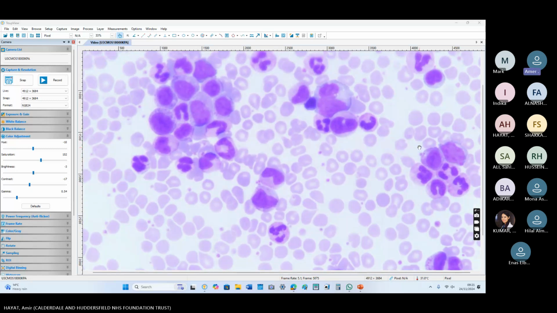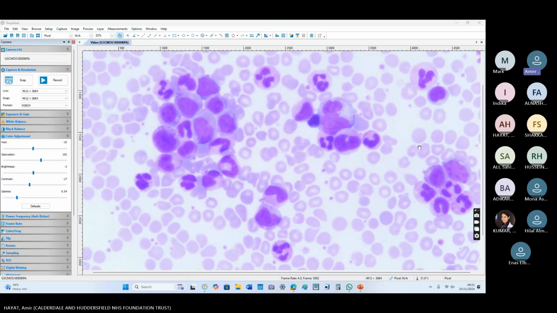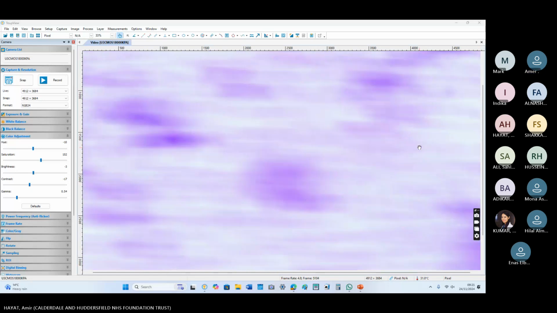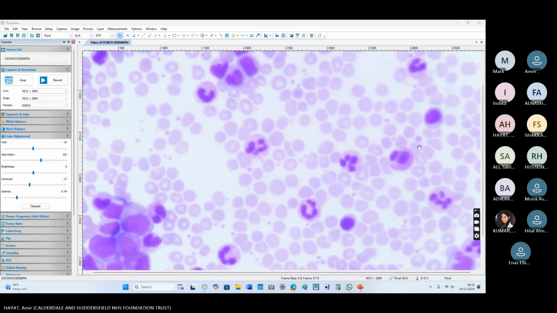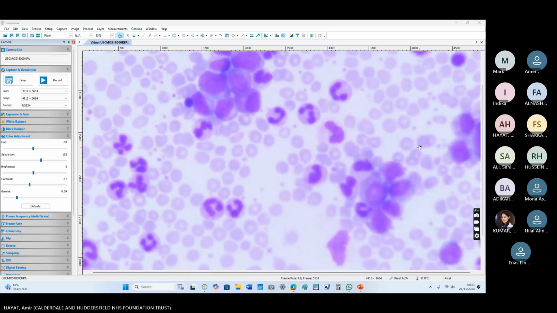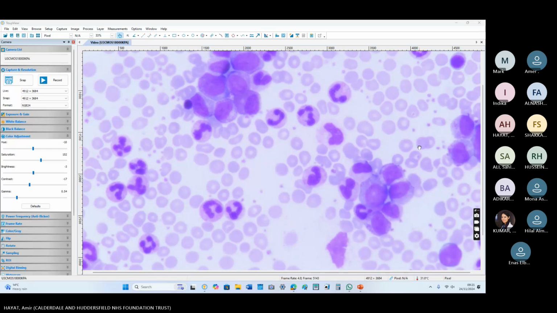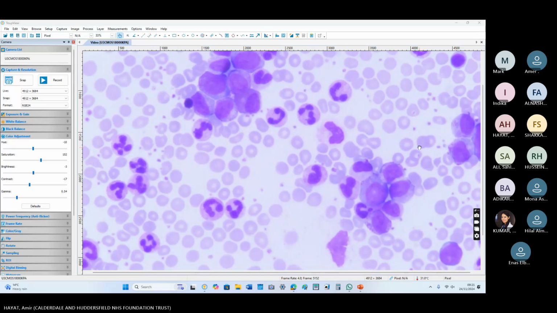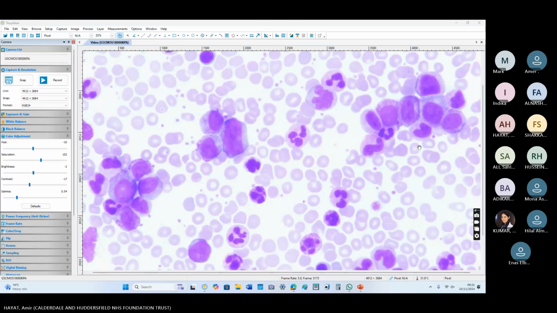In this one basophil is not there. There's a couple there, not more than that.